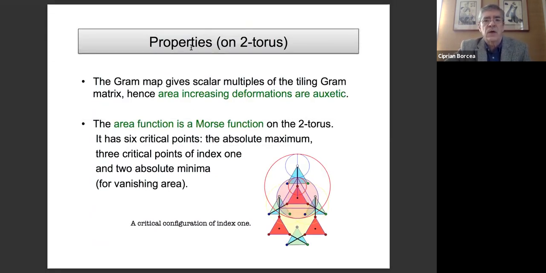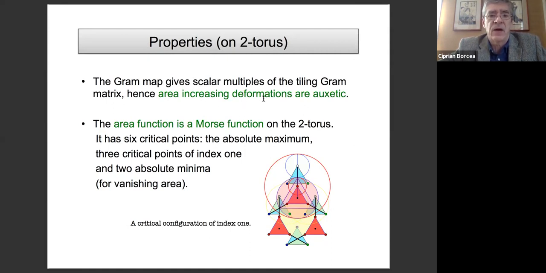So now what is happening particularly nice on the two torus, preserving the threefold symmetry. So again, preserving that symmetry makes the periods equal in length and maintaining 60 degrees.